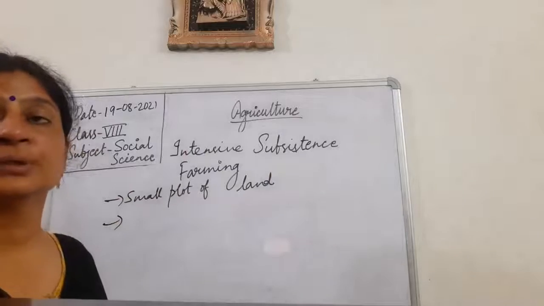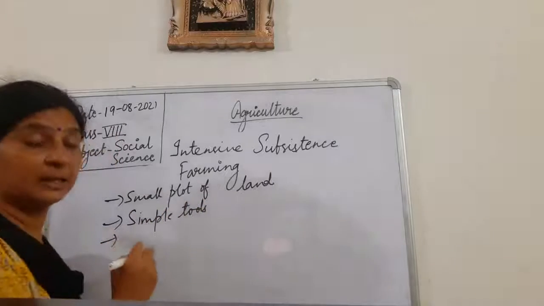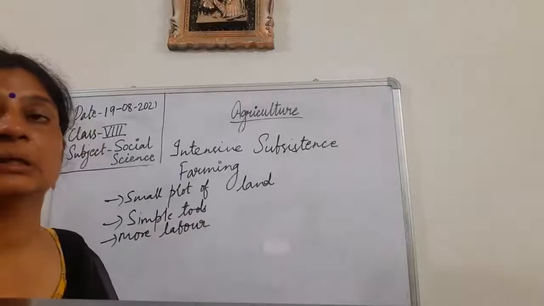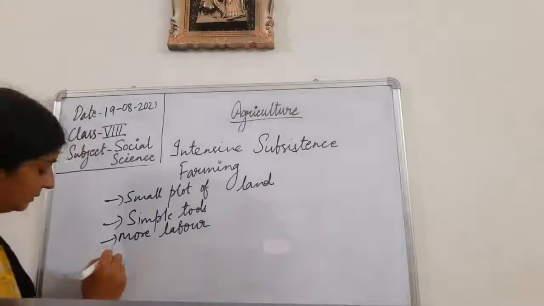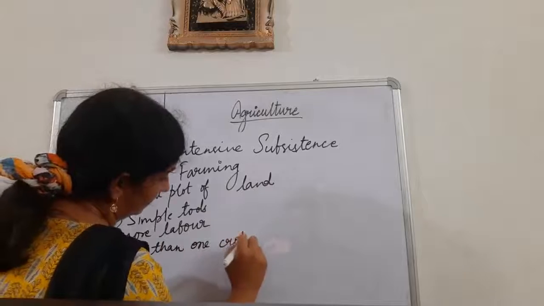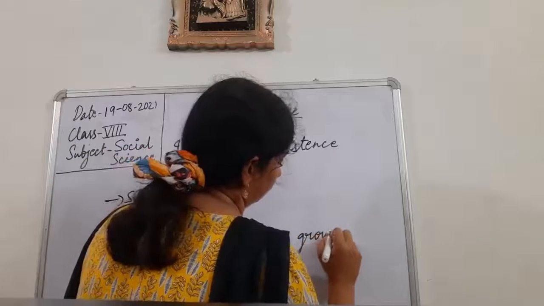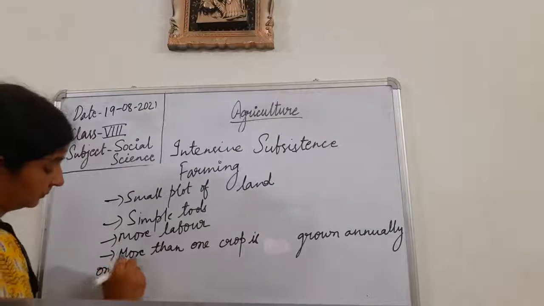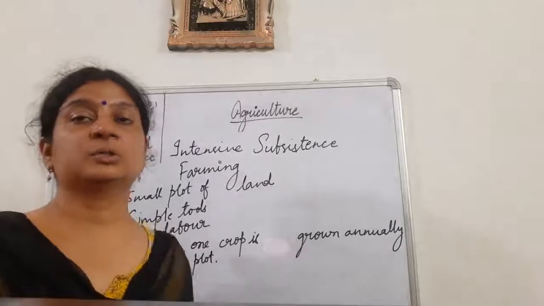Then the next one is simple tools. Third is more labor, and the fourth one is more than one crop is grown annually on the same plot. Okay, so these are the features.